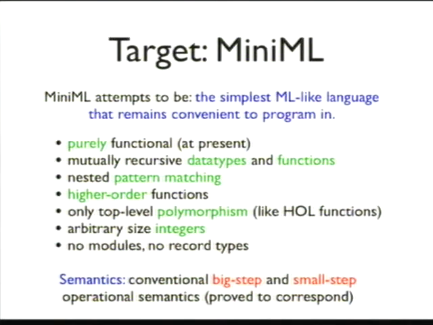So what's the target language? In our case, it's mini-ML. This is written by my co-author, Scott Owens. It's his idea of the simplest ML-like language that remains nice for programming.